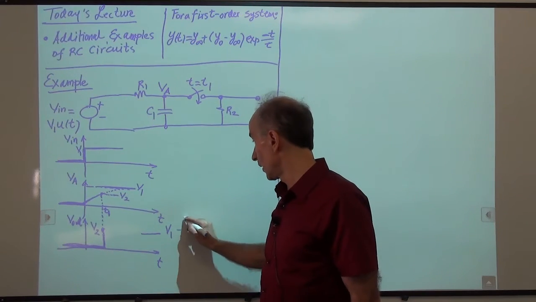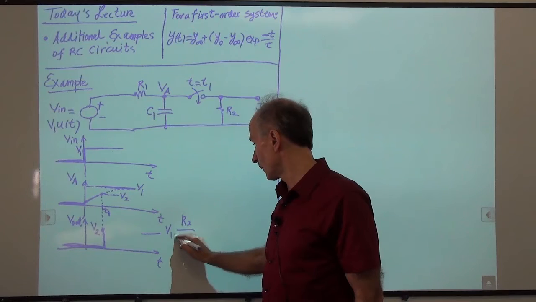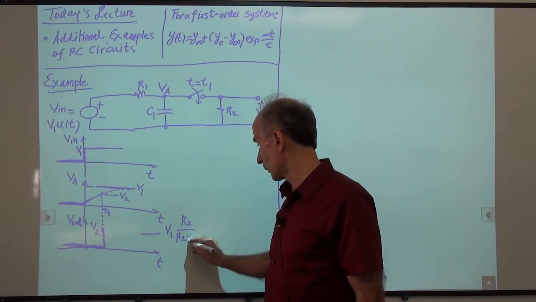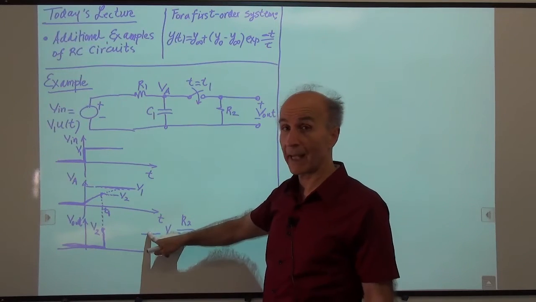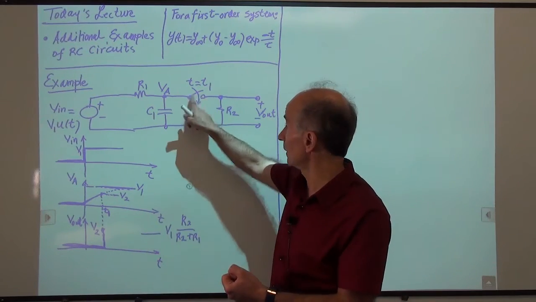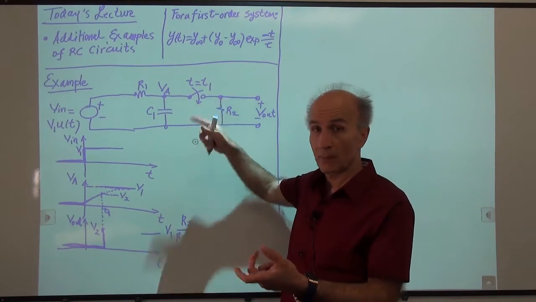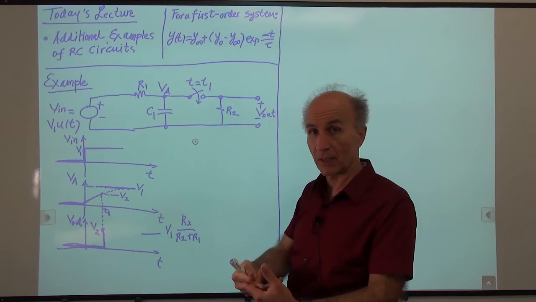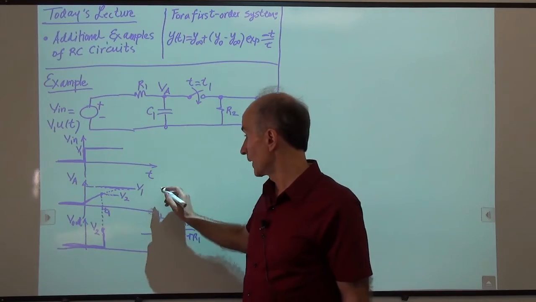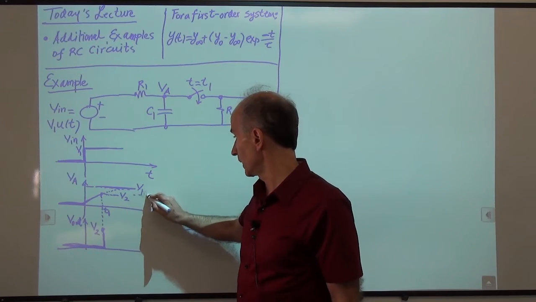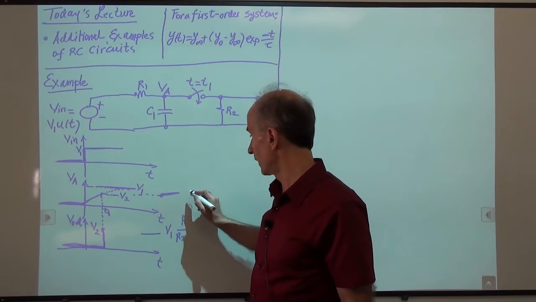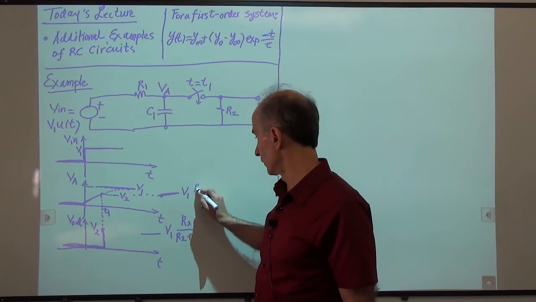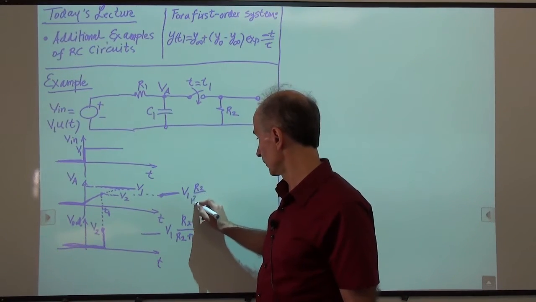So that would be R2 over R2 plus R1. This value holds for V out and for VA, because after all, now these are one node, because the wire has shorted them together, the switch. So this also eventually wants to reach a value of V1 R2 over R2 plus R1.